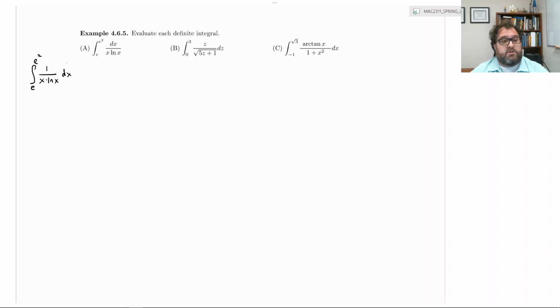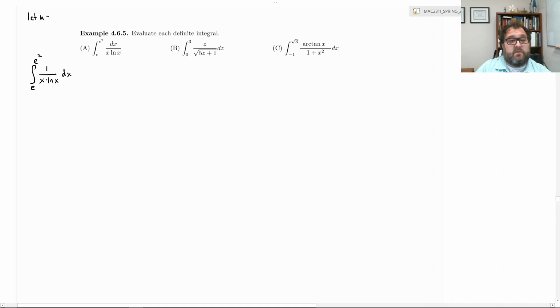What might we choose for our substitution? Now remember, I usually say, hey, choose the inside function. Well, there is no inside function here, so we can't choose the inside function for our substitution u. And here is what I'm going to do. I think I'm just going to let natural log x be u. Let's see what happens.